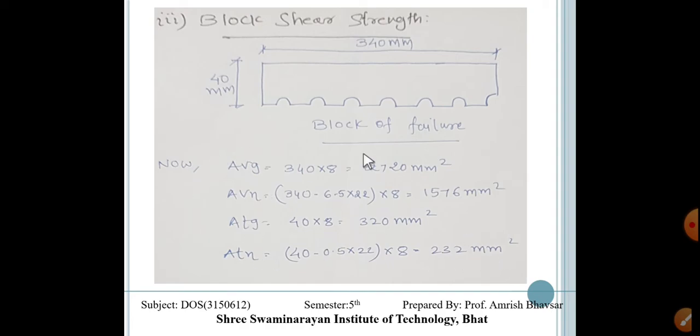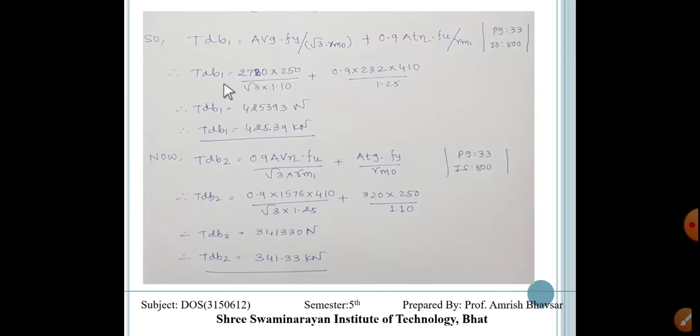Now this is our raw material for the equation of block shear, and those two equations are given on page number 33 in IS 800. The first equation, that is TDB1. So here TDB1 is equal to AVG into Fy upon root 3 into gamma m0 plus 0.9 ATN into Fu upon gamma m1. This equation is given on page number 33.